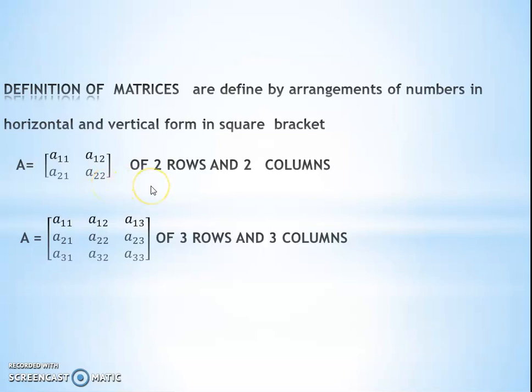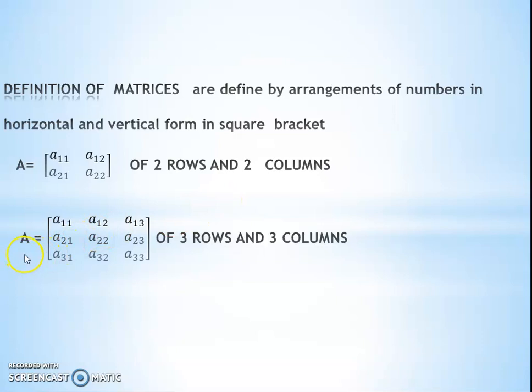I indicates the row number and j indicates the column number. That means a11, a12 is the first row, a21, a22 is the second row, a11, a21 is the first column and a12, a22 is the second column. Now how many rows are there? 2 rows and 2 columns. So this is the square matrix, as is most probably mentioned.